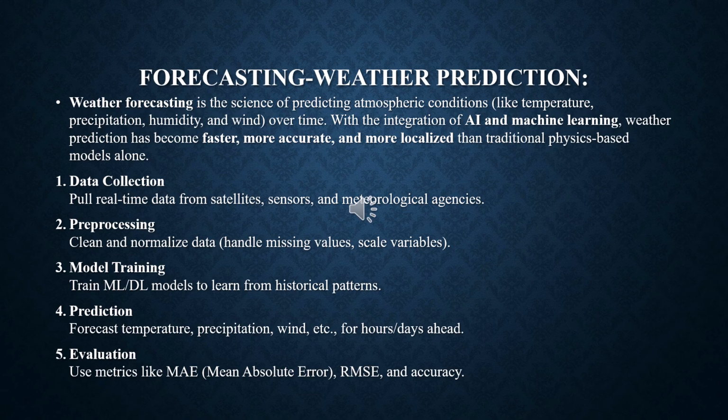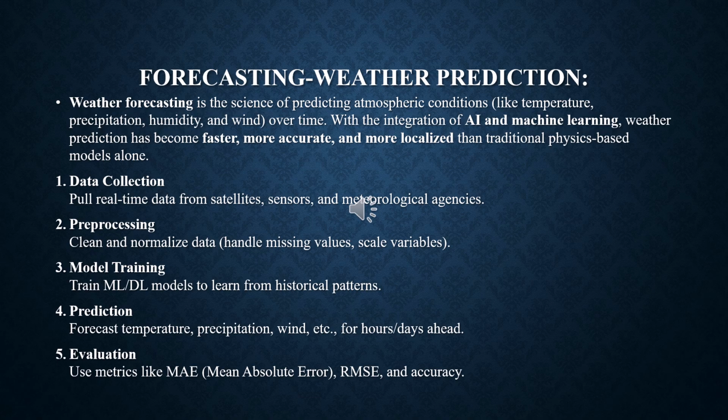We already saw the same steps for the share price and stock price case study. Data collection means getting real-time data from satellites and sensors, which monitor the climate. Preprocessing means cleaning and normalizing data, handling missing values, and scaling variables. Model training means training ML and DL models to learn from historical patterns.